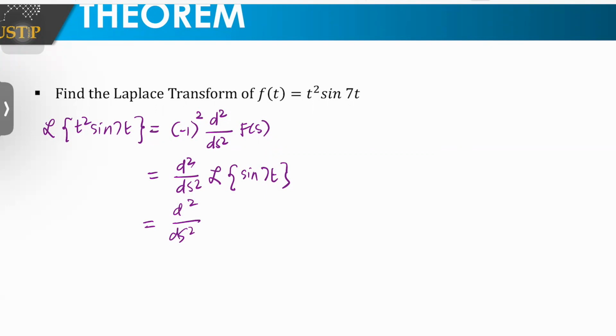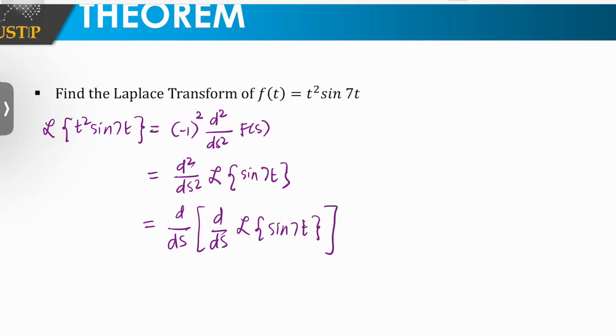That is actually easy, because I already solved the first derivative. So I will separate this second derivative notation like this: the first derivative of the first derivative of the Laplace transform of sine 7t. Okay, I hope you understand.